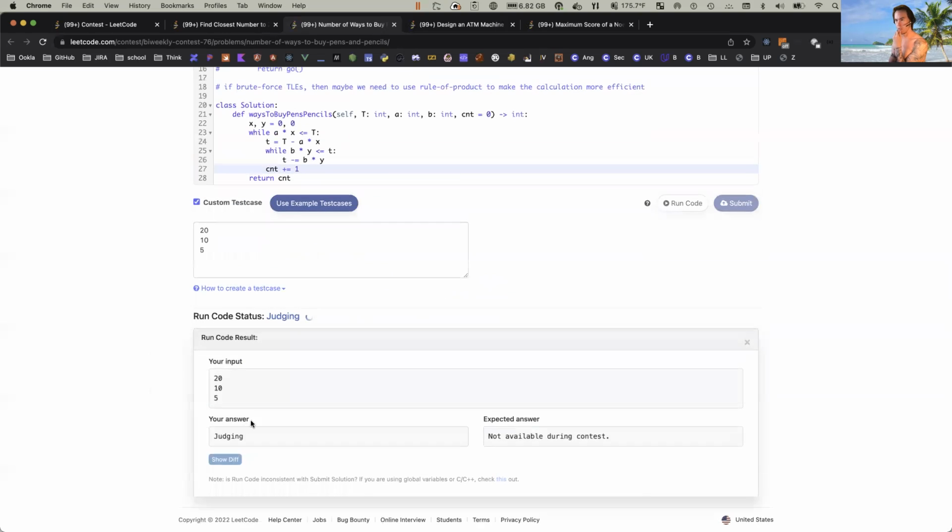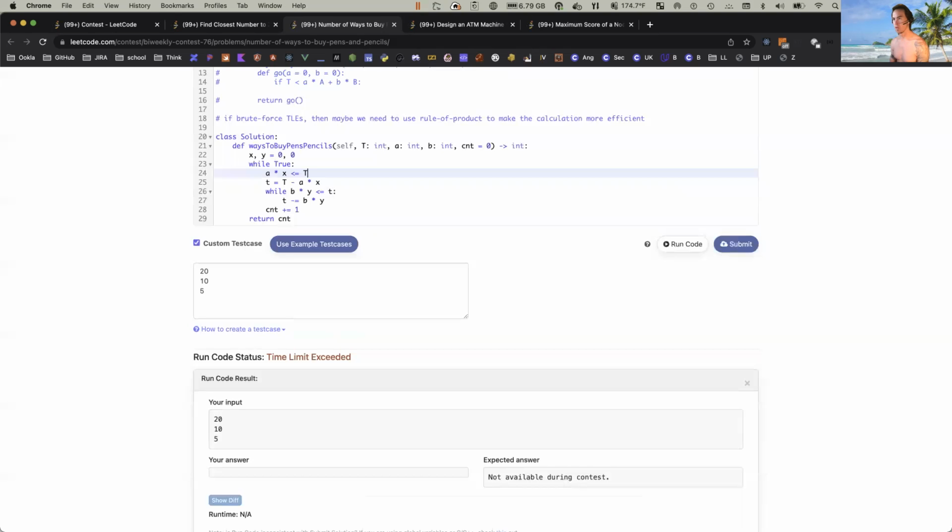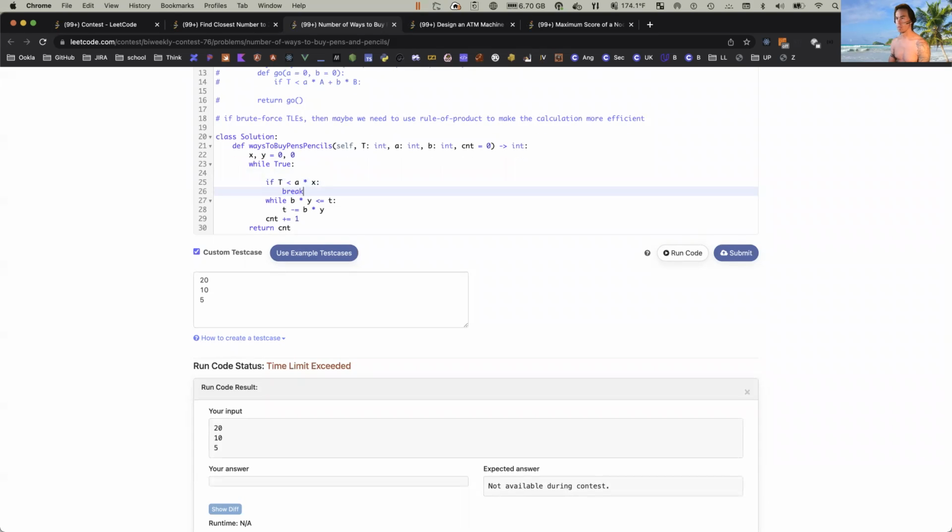Nine and then 1. Uh-oh. T, oh. Not true. If A times X exceeds T, then break.